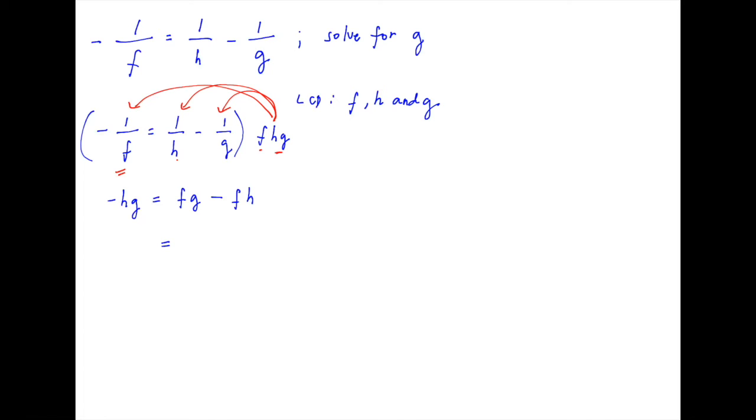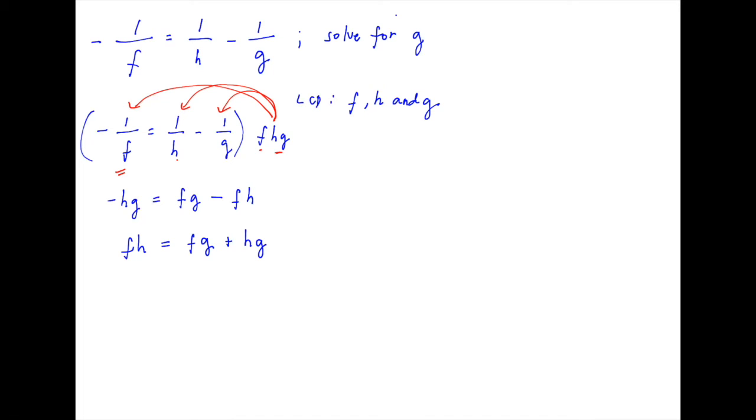Now, since I'm looking for g, I can simply transfer this negative hg to the other side, or simply transpose it. So we have now fg plus hg, and then this part, I could transfer this to the other side. And then therefore, that is positive fh.